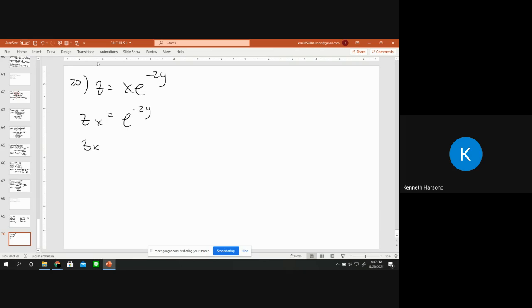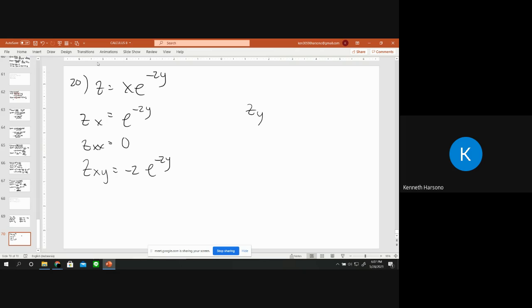So Cxx is just 0, right? This one is a constant. We derive it with respect to x, so it just becomes 0. And Cxy, derive this one with respect to y, so this just becomes minus 2 e power of minus 2y.